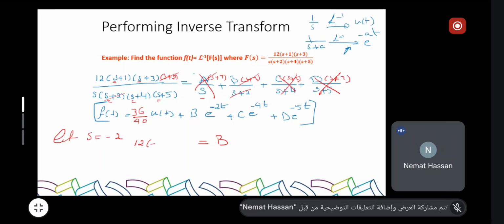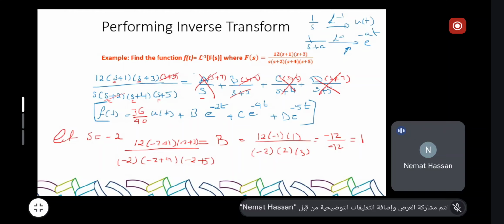So 12 times (minus 2 plus 1) times (minus 2 plus 3) divided by minus 2 times (minus 2 plus 4) times (minus 2 plus 5), which is equal to 12 times minus 1 times 1 divided by minus 2 times 2 times 3, which is equal to negative 12 over negative 12, which is 1.